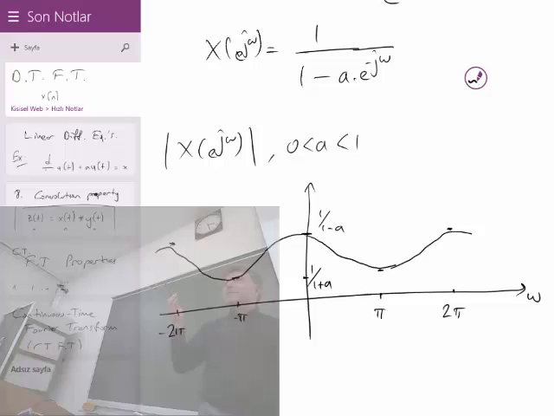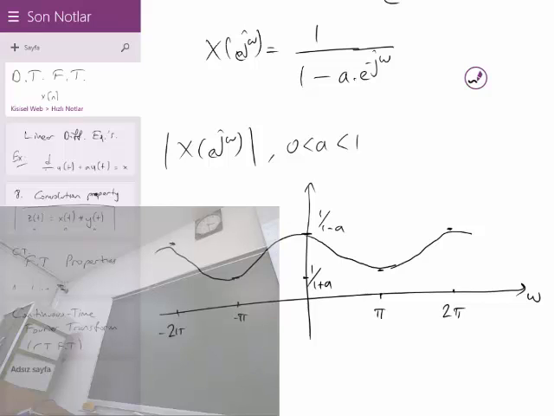Whereas, where was the high frequency? Do you remember? The high frequencies are around pi and minus pi, and odd integers times pi, like 3 pi, 5 pi. So this portion is the high frequency. Pi is the highest frequency, and 3 pi, 5 pi, and minus pi, of course.